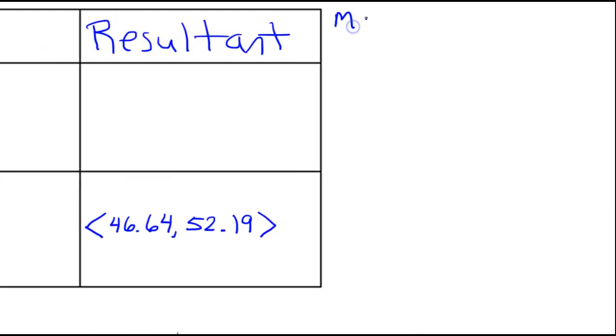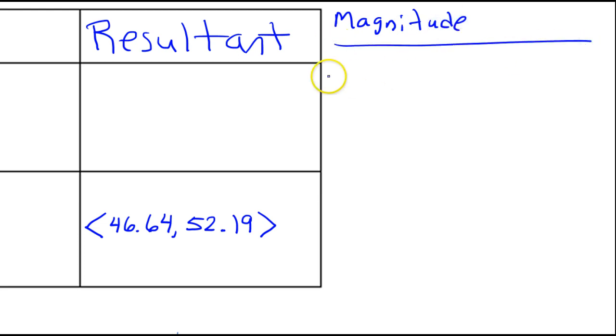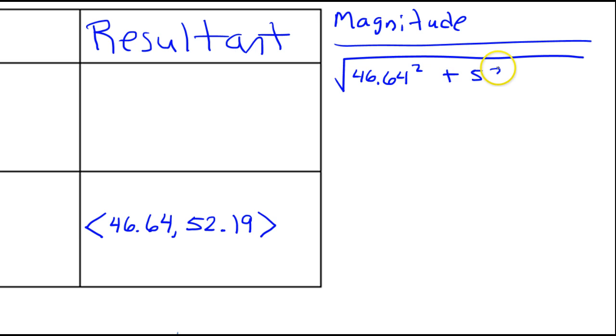We can calculate the magnitude. All right, let's just do that off to the side. We'll use the magnitude formula. So we'll do 46.64 squared plus 52.19 squared. Do the square root in your calculator.